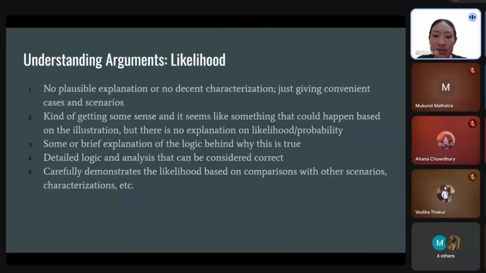So I think this can compare with the likelihood, still able to show that this scenario of teaching conservative values is likely based on comparison of other scenarios of characterization. So this shows how likely this will happen, even though there are some inferences. So these are the gradation in the level of proof of the likelihood.